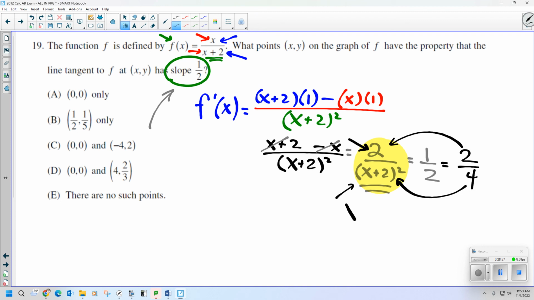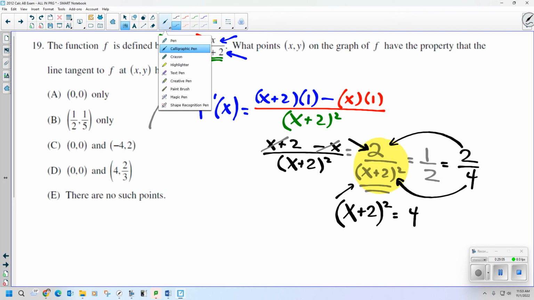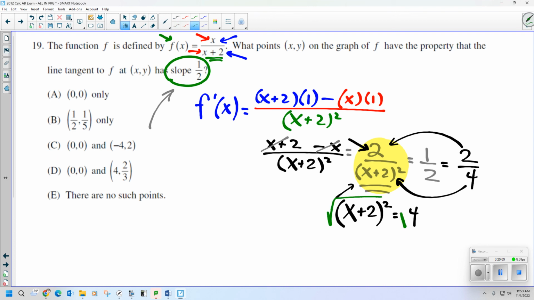So I'm going to take x plus 2 squared and set it equal to 4. And I'm going to solve for x. I need to undo the square, so I'm going to square root. So x plus 2 equals, anytime you undo a square, it's plus or minus 2. Now I got to just subtract 2.